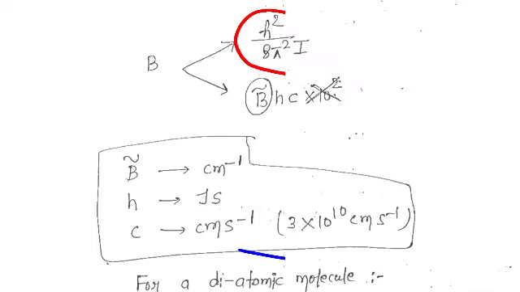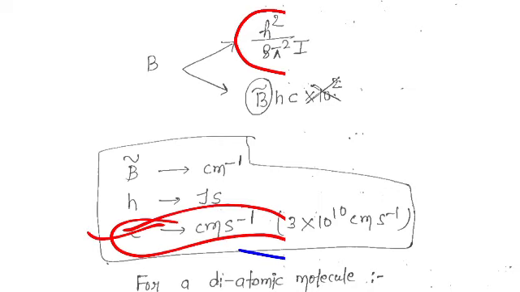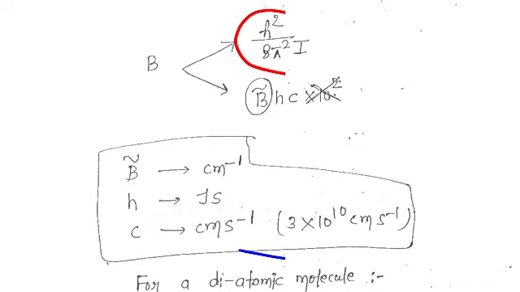All right, so hc. One more thing: this c is in centimeter per second, so here c is in centimeters per second, I mean 10 to the power 10 we have to put. All right, so this is okay.